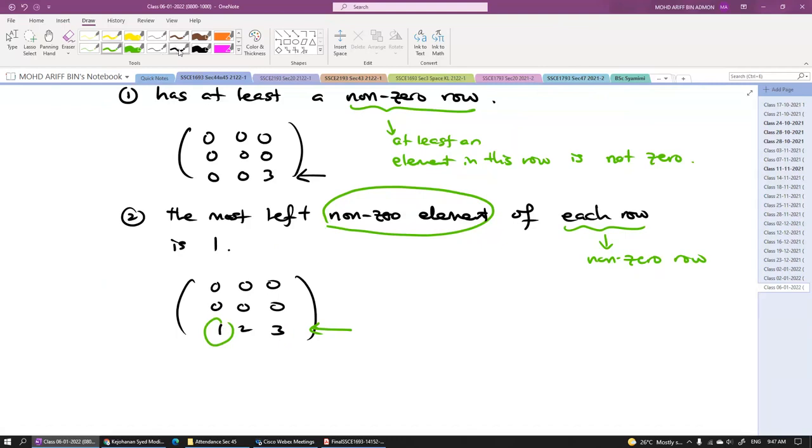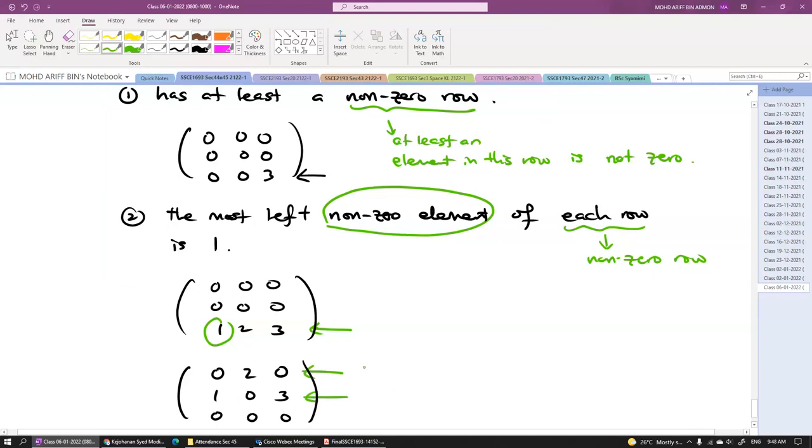I give you another example. Another example: 0, 2, 5, then 0, 0, 0, and then 1, 0, 3, and here 0, 0, 0. How many non-zero rows do you have in this new matrix? 2, the first and second.